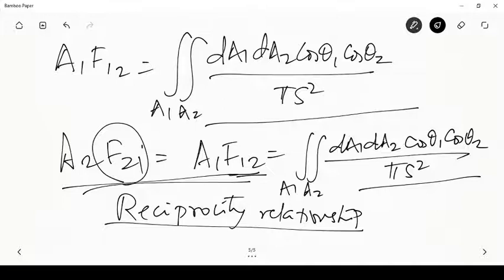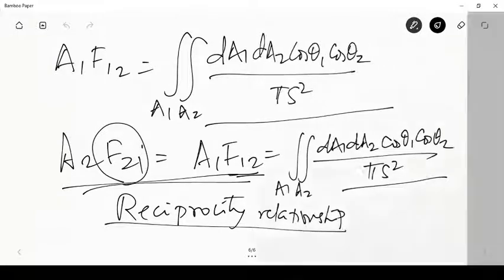This is important because in radiative heat exchange, suppose I have, let us say, a two-dimensional triangular enclosure with surfaces 1, 2 and 3. The radiative energy exchange between these surfaces will need to be calculated by knowing how much of the energy leaving this surface actually arrives on this surface, and how much leaving this surface actually arrives on this surface.